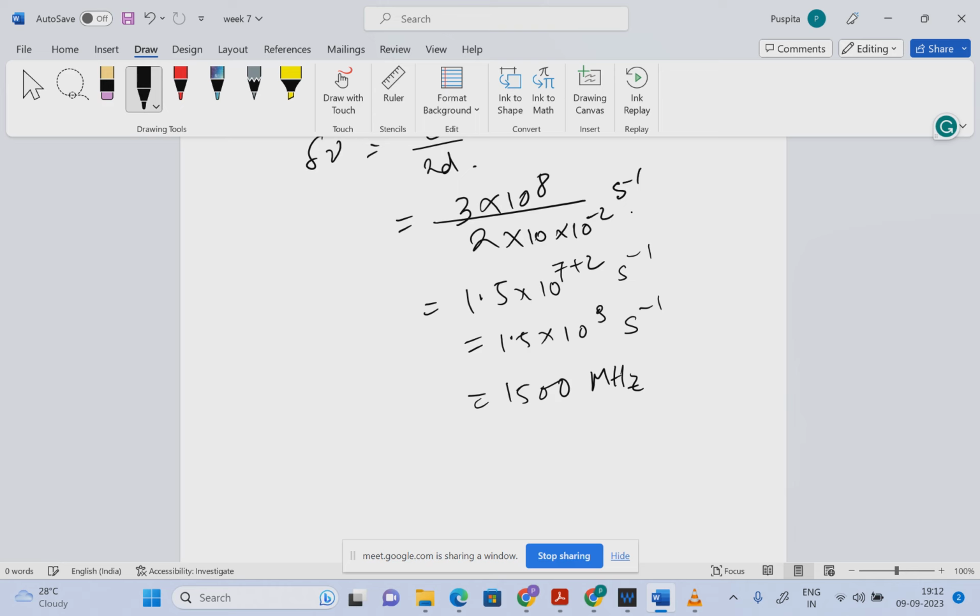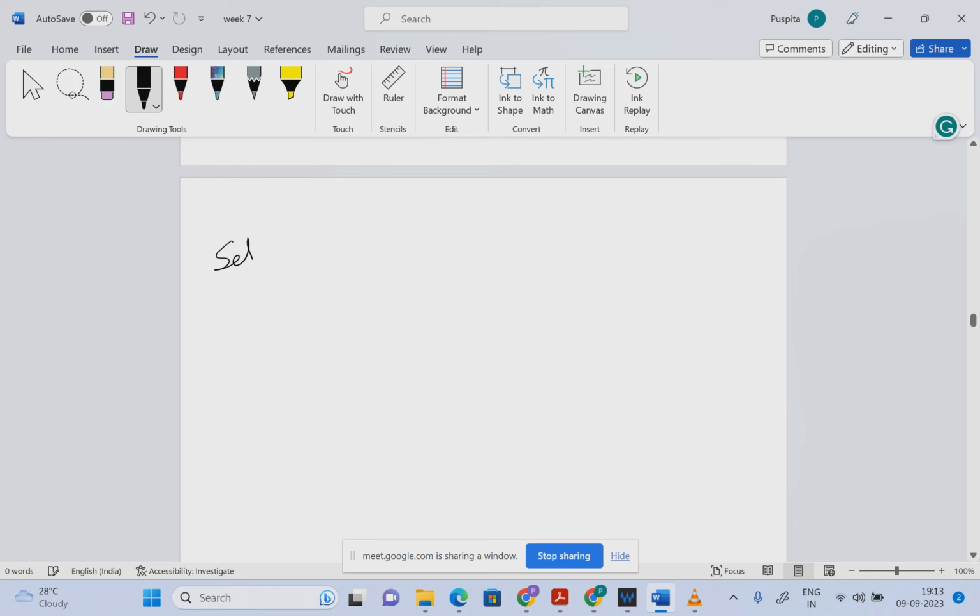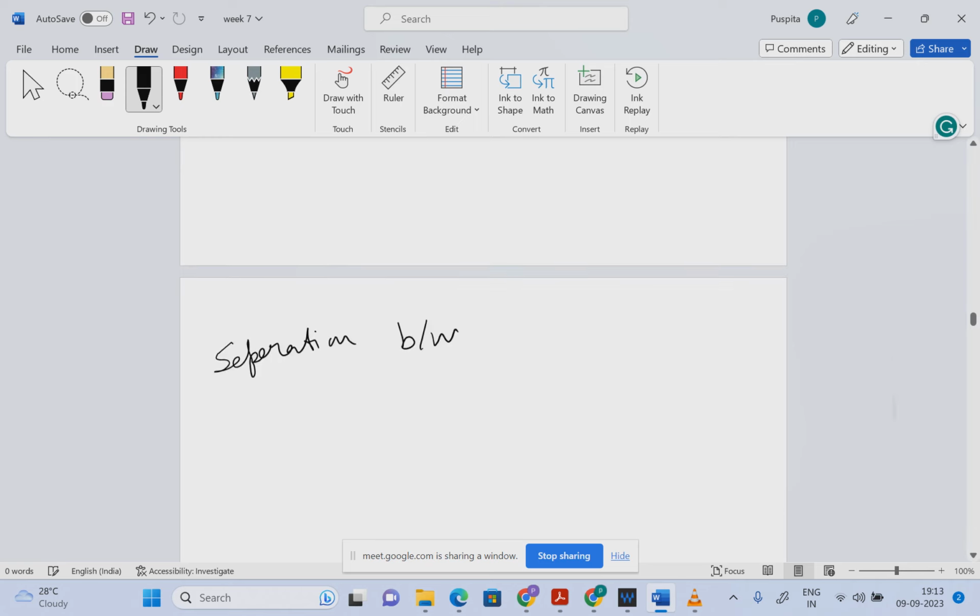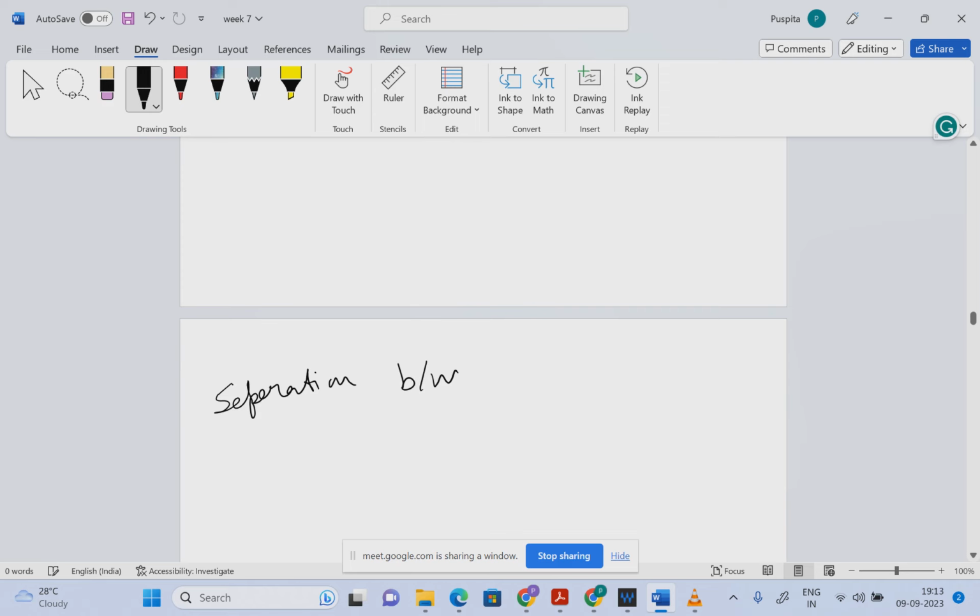And the separation between the peak values is delta phi by FWHM.